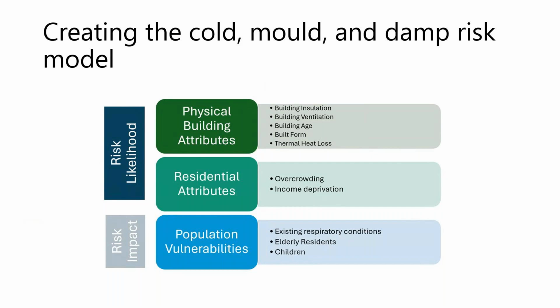Firstly, the physical building attributes, so that's things like the insulation, the ventilation and the age of the building. And then residential attributes, so levels of overcrowding and income deprivation. And then separately, a risk impact score was fed into the risk model of population vulnerability. So that's your elderly and young residents and those with existing respiratory conditions.